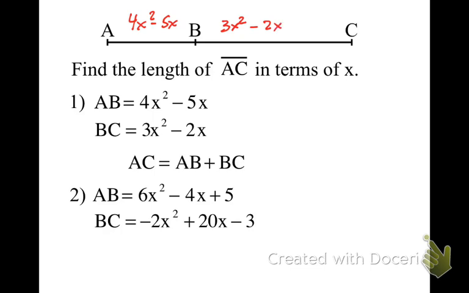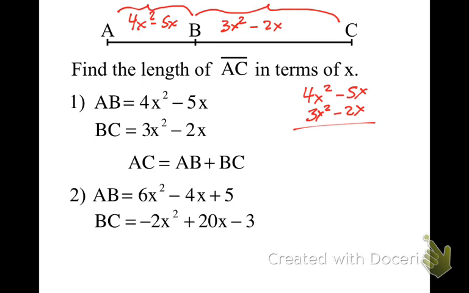So if we add them all together, this section plus this section equals the whole. So we can do that vertically. And we get 7x squared minus 7x. Voila. Pause the recording and try the next one on your own.